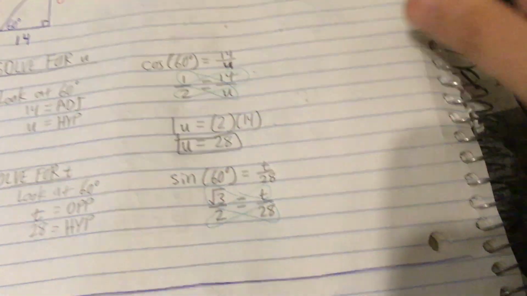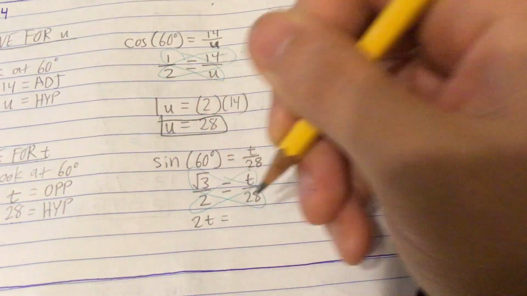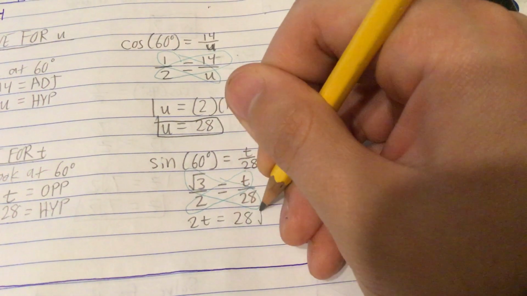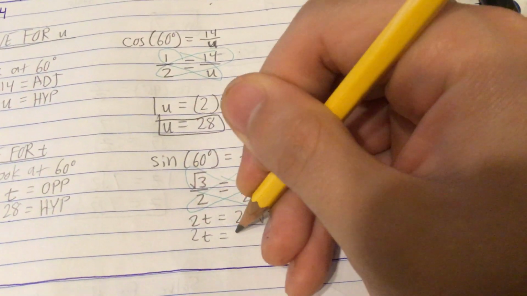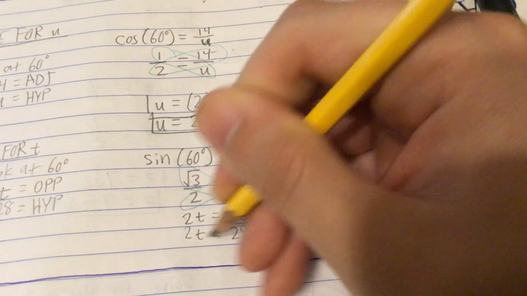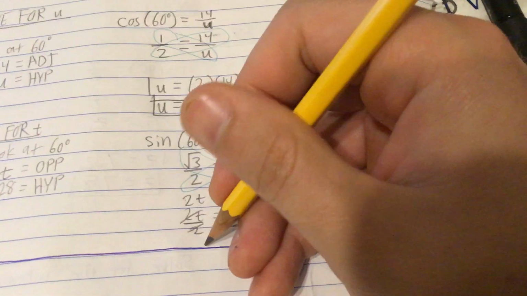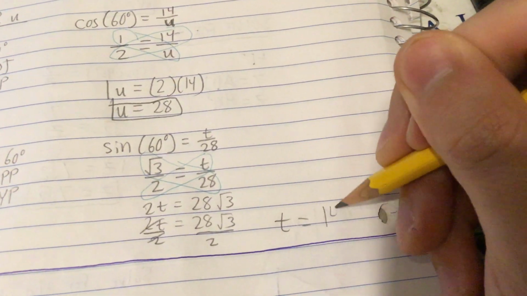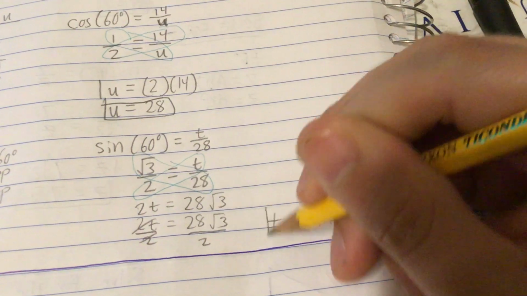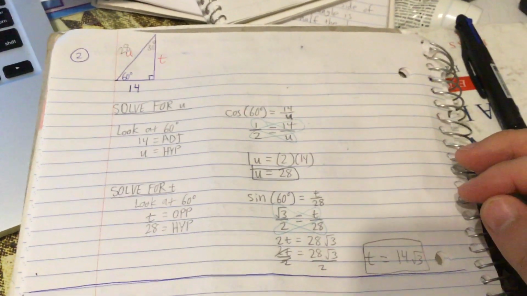And I get 2t is equal to 28 radical 3. And then I'm going to divide both sides by 2. And that gets me t equals 14 radical 3.